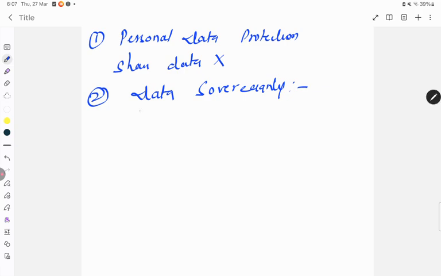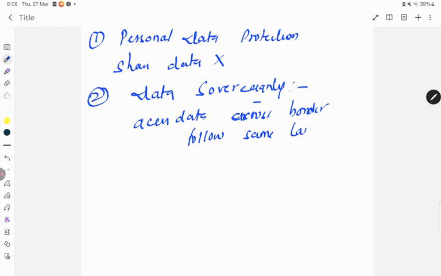Even if anyone is trying to access this data across the border, they also have to follow the same law. They cannot break the law. Like inside the country we have a law, and if any person from the US is trying to get this data, even they have to follow the same law, so that our data doesn't get into any wrong hands or to all the citizens.